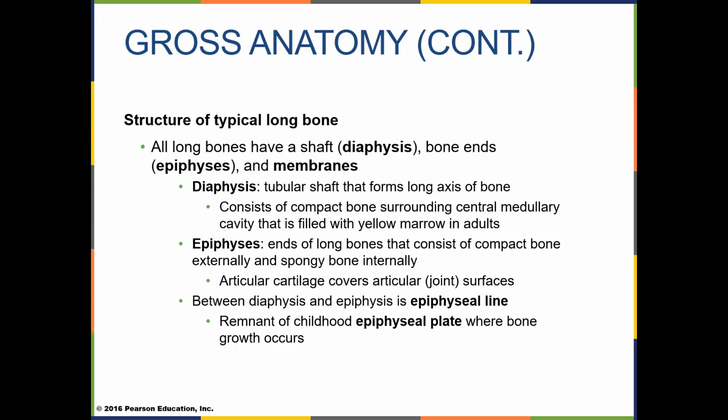The growth plates were hyaline cartilage. They would grow and they would be converted into bone through calcification. And then once we stopped growing, once we finally reached our adult stature, those growth plates, the epiphyseal plates, would fuse, and all we'd have left is a white line.